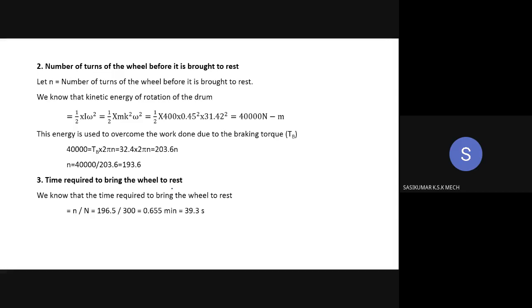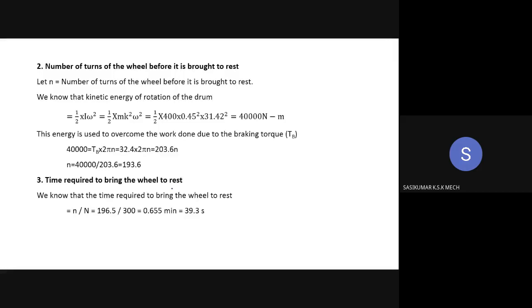I is the mass moment of inertia, omega is the angular velocity of the drum. I may be found using the relation I equal to m k square, where m is the mass and k is the radius of gyration. Mass you know, radius of gyration is also known, and angular velocity is also known. On substituting that, the kinetic energy of rotation of the drum may be determined.